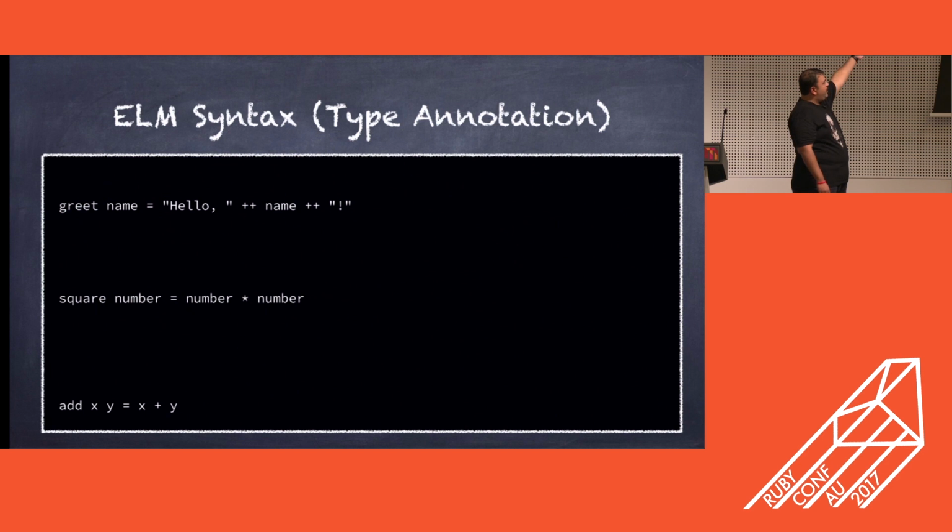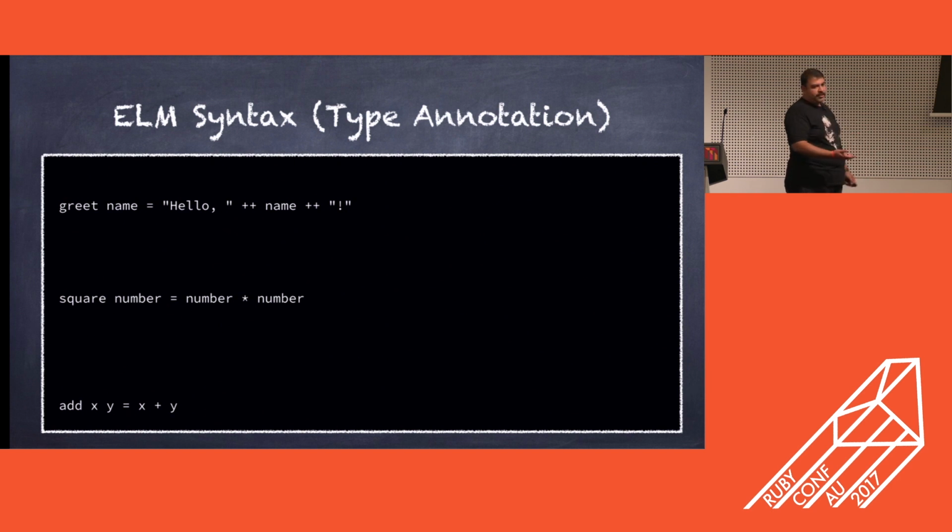For example, greet name doesn't say anything about that particular function. It just says that it takes one argument. But if you look at hello plus plus, that's the concatenation operator in Elm. So it understands that if you're trying to concatenate a string, then name must be a string, and the result would be a string as well. That is Elm's way of figuring it out, and it will give you those types by default.